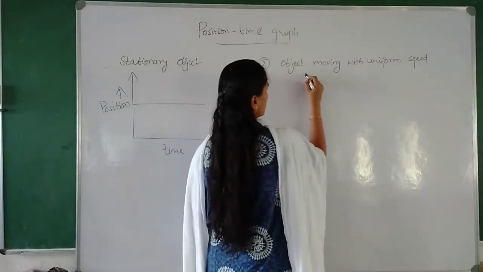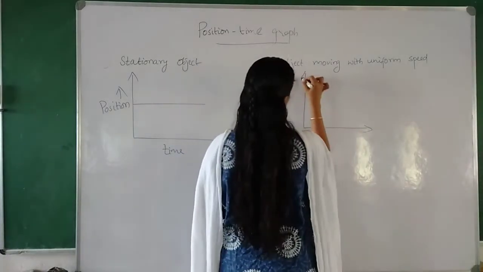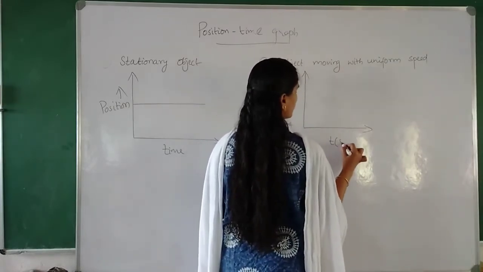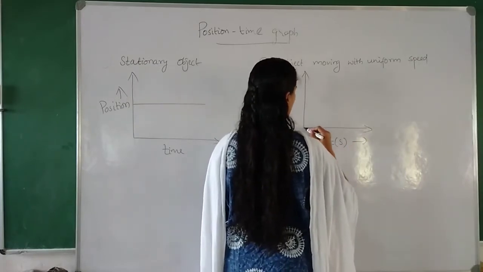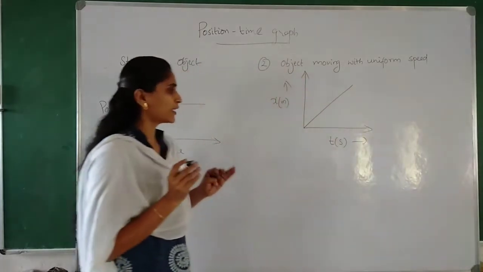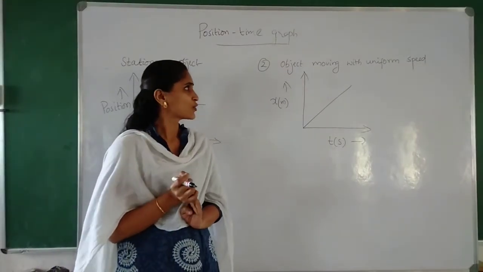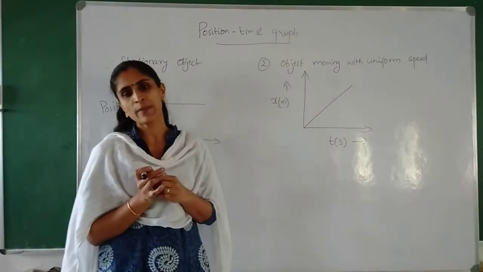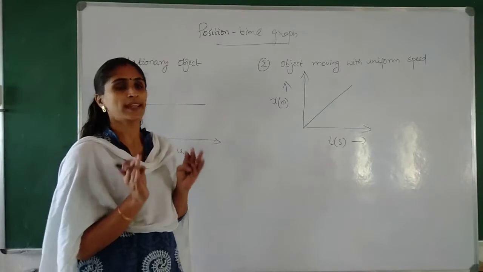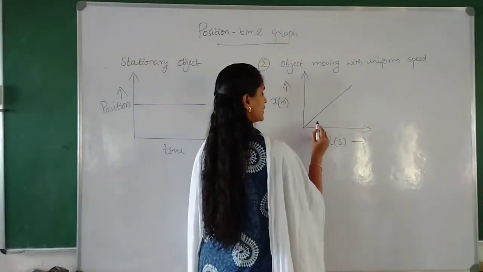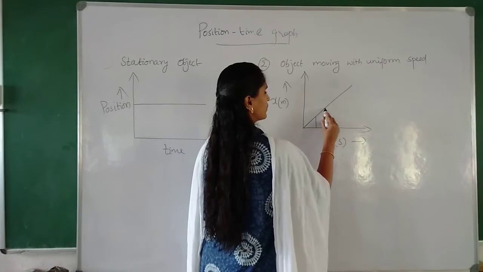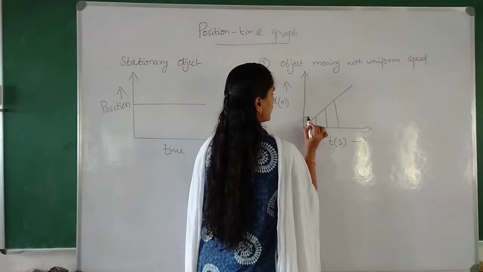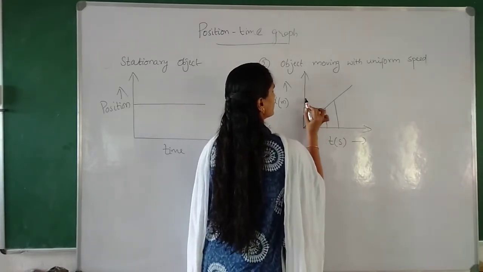So if we are plotting, here we are marking position and time. So the position time graph will be a straight line, inclined to both axes. Okay. Position time graph of an object moving with uniform speed will be a straight line, inclined to both axes, so that at equal intervals of time, you can see that equal change in position.